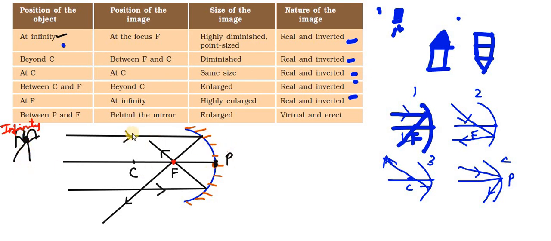In the examination you need to write like this. In the exam they ask the question like this: draw a ray diagram to show when the object is placed at infinity, or beyond C, at F, like that. So after drawing this diagram, we need to write the position: at focus F. Next, size: it is highly diminished.